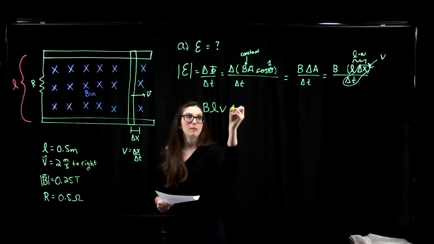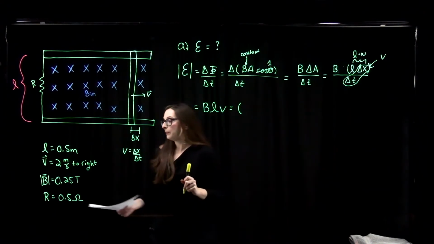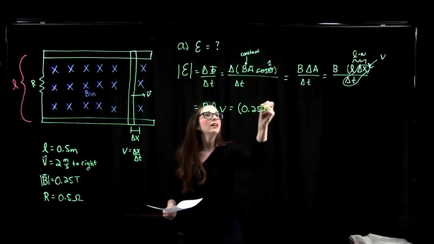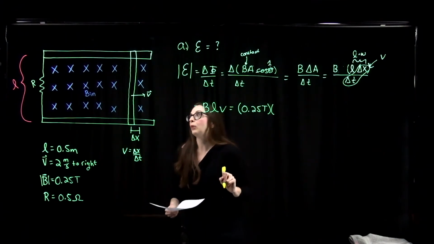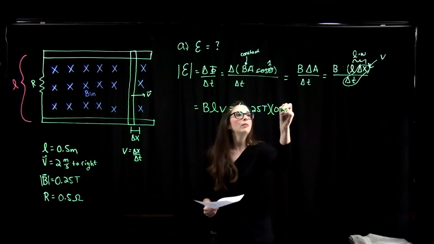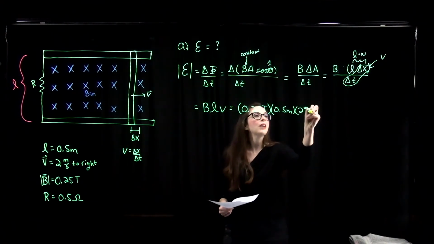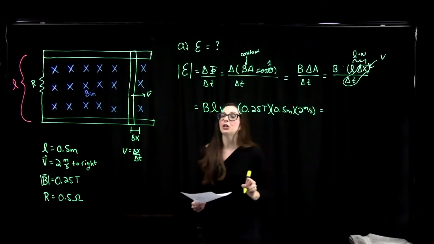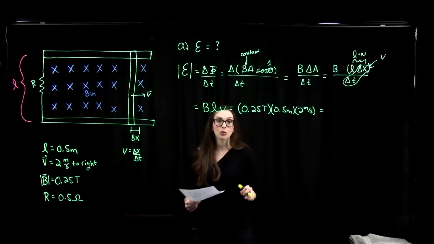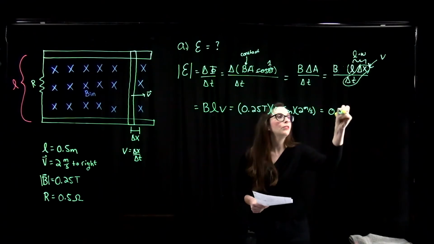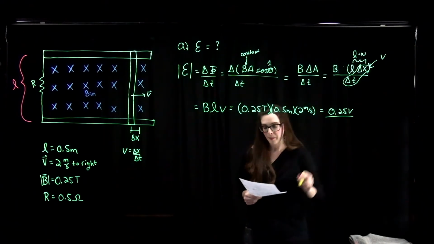That's my motional EMF. So that's going to equal my magnetic field strength of 0.25 Tesla times the length of my rod, which was 0.5 meters, times the speed at which I'm moving it, which is 2 meters per second. So my motional EMF, or my induced EMF here, has a magnitude of 0.25 volts, okay?